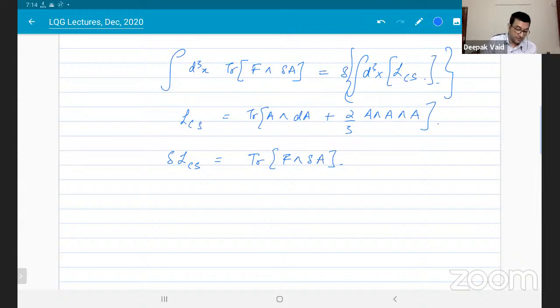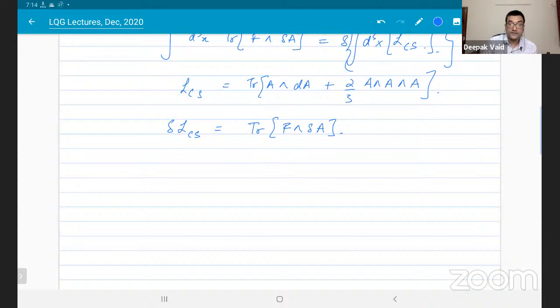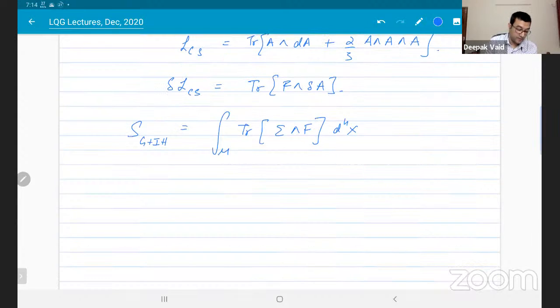Okay, so finally what we can say is we can define our action in the following way. Our complete action for gravity with a boundary with an isolated horizon looks something like this. You have M, that's your manifold, your four-dimensional space-time. So you integrate this thing over the four-dimensional manifold.